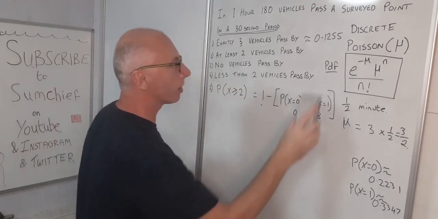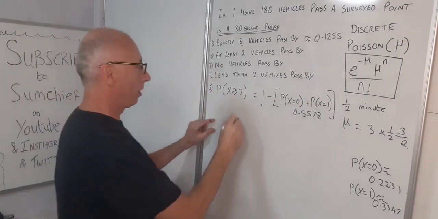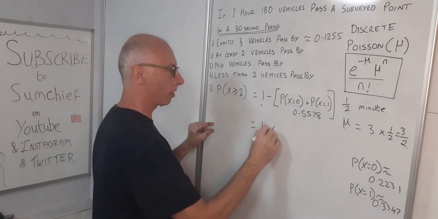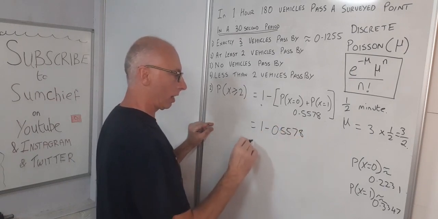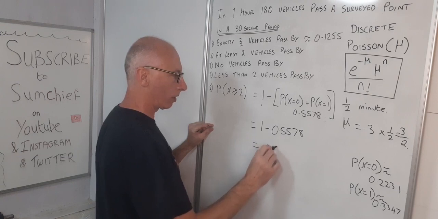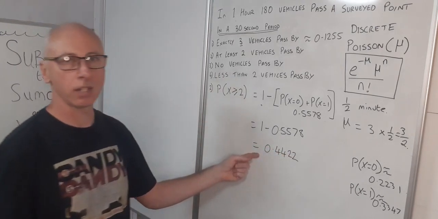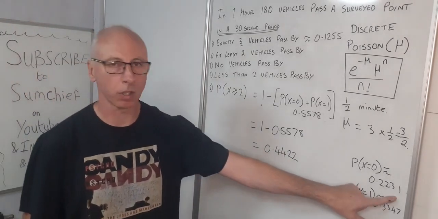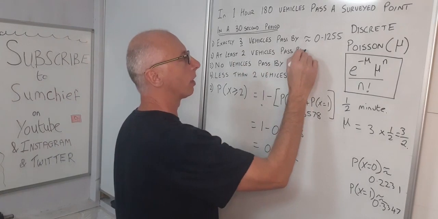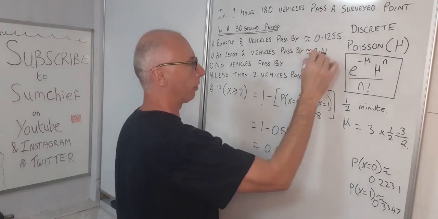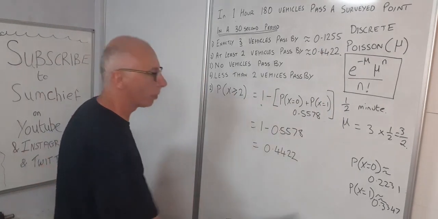So then that's going to give us our answer of 1 minus 0.5578. And so that's going to be 0.4422. And again, this is going to be approximated because these are approximate values. So question 2, 0.4422. Okay, let's take this one off the board.